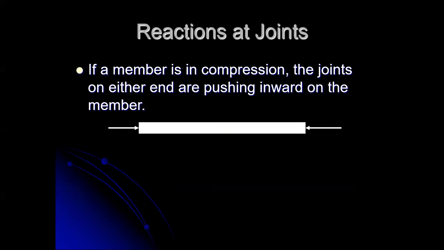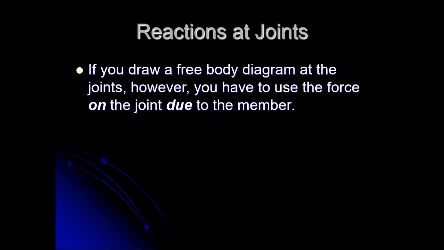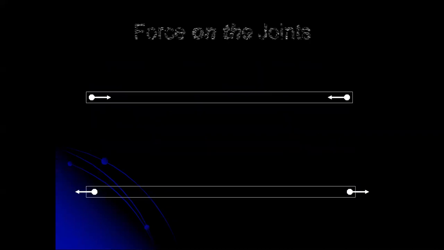But from the point of view of the things doing the squeezing, the free body diagram of the joints is going to show an equal and opposite force. So the force on the member due to the joints will show up in a free body diagram of the member. The free body diagram of the joint will be in the opposite direction. So if you draw the free body diagram at the joint, you use the force on the joint due to the member, and that's in the opposite direction.